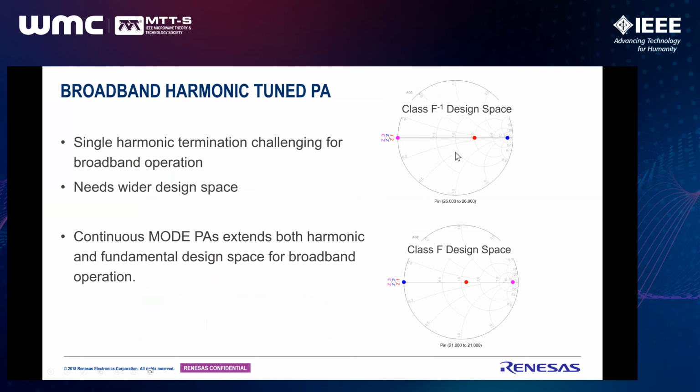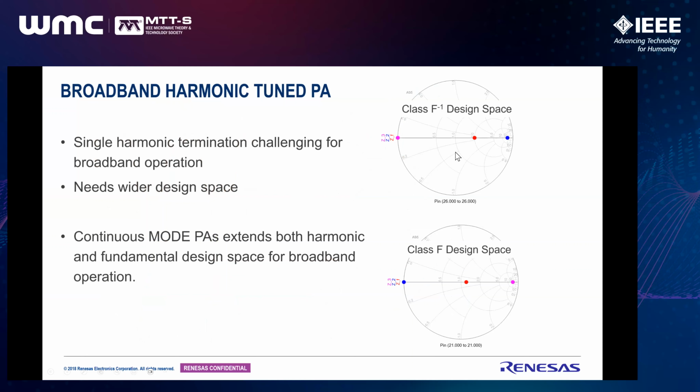Again, you see the voltage is increasing from 2 VDD to almost 3 and 3.5 times VDD. So again, the caution is that if the device doesn't have enough breakdown voltage headroom, continuous mode class F cannot be realized, or it can stress the device and can decrease the lifetime of the device.